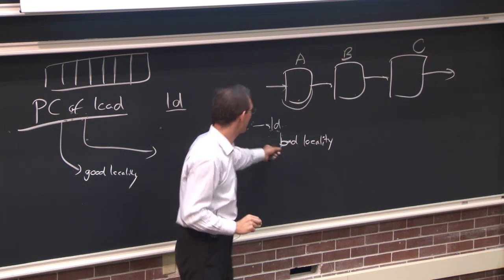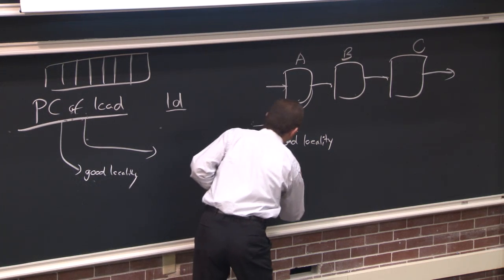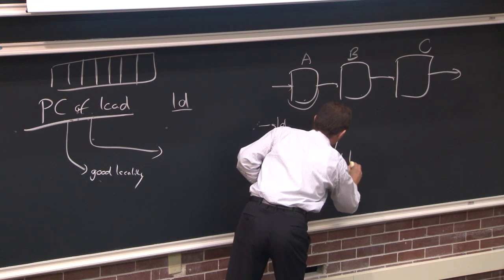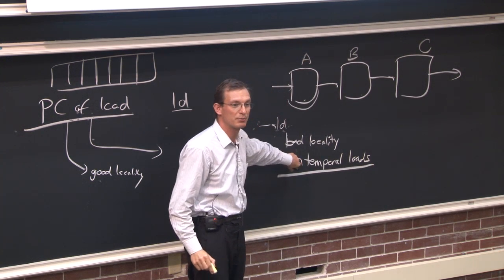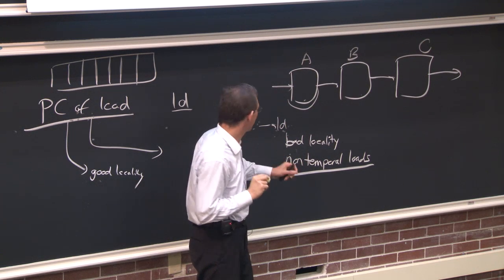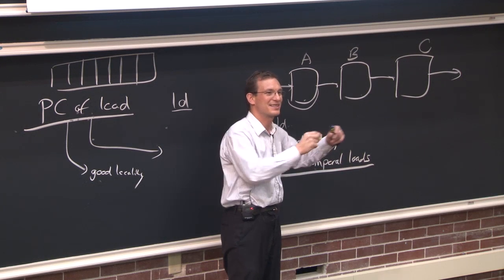And existing processors have this kind of hints. Actually, these are called non-temporal loads. The x86 architecture has this notion of non-temporal loads, where the load can be marked with a bit saying that this load is non-temporal. Don't cache it. Or don't cache it at one of these levels.